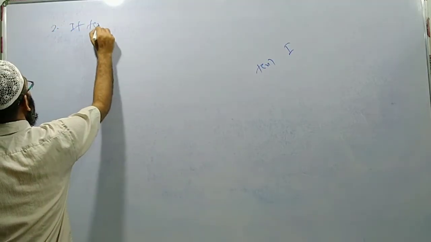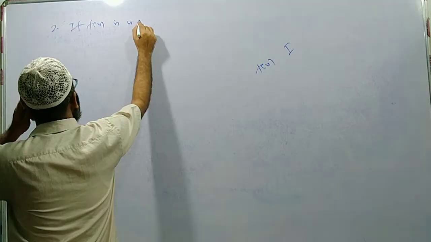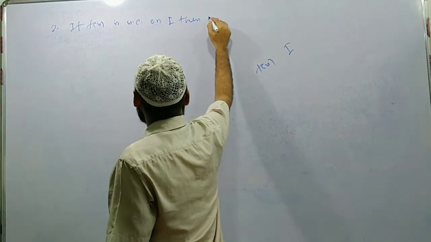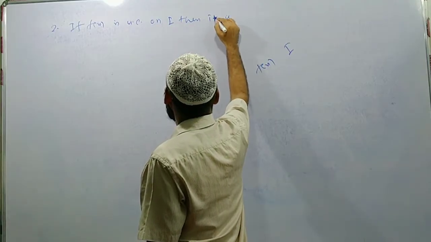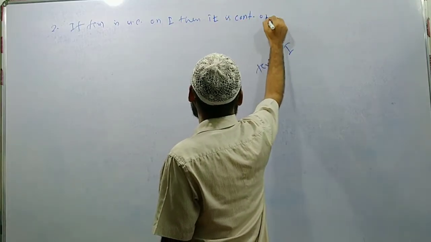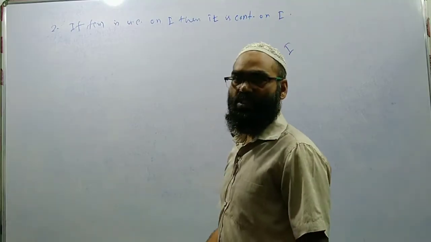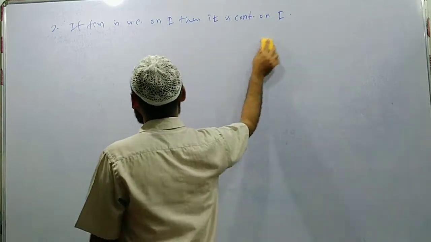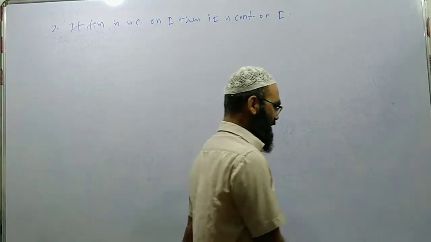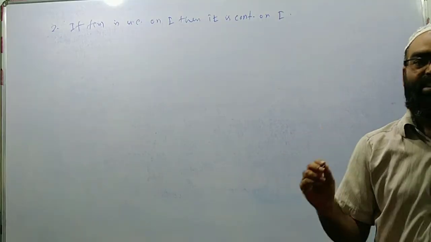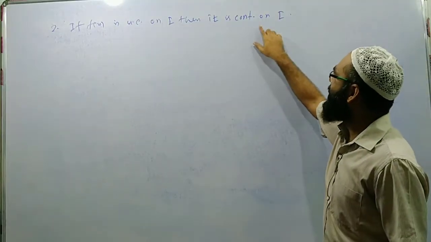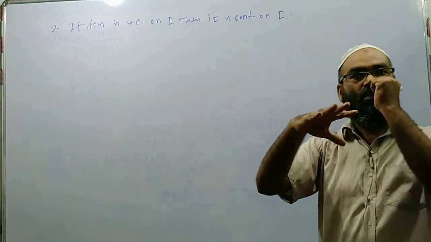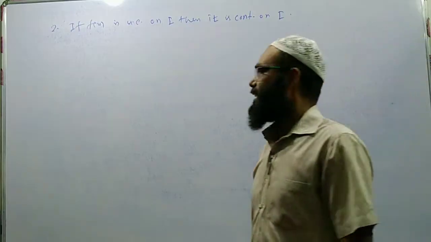If f(x) is uniformly continuous on I, then it is continuous on I. But the converse of this result or this theorem may or may not be true. That is, if f(x) is continuous on I, then f(x) may or may not be uniformly continuous on I.